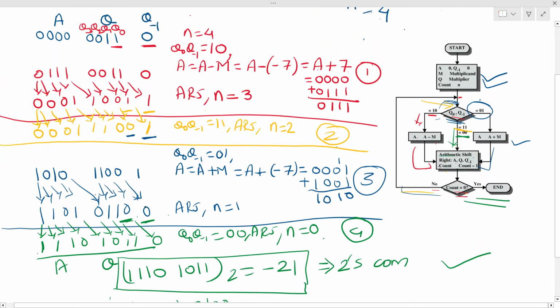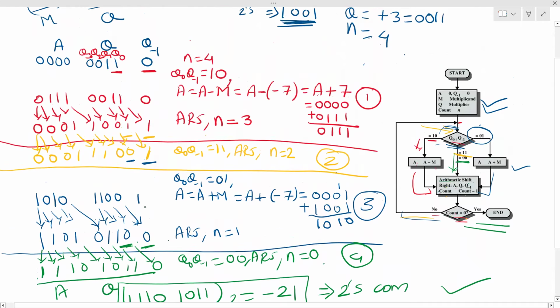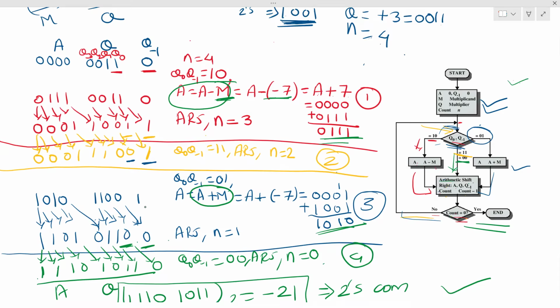Only the steps you need to remember is, first you need to draw your algorithm on the right hand side, and step by step you need to solve this example on the left hand side. This step is important while performing the subtraction, what your value of M is, whether it is positive or negative. And accordingly, you will get this term, because this is the main and important term which is actually holding your final product value.